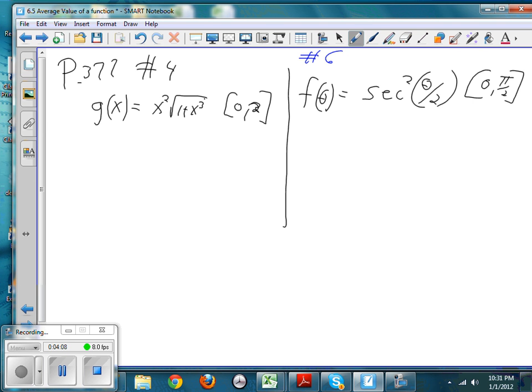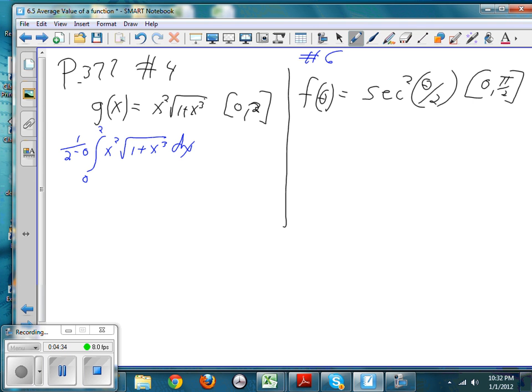They want to find the average value of this function from 0 to 2. Well, I'm just going to write down what it is. The integral goes from 0 to 2. I add up the function, x squared times the square root of 1 plus x cubed, dx. I divide by the interval, 1 over 2 minus 0.